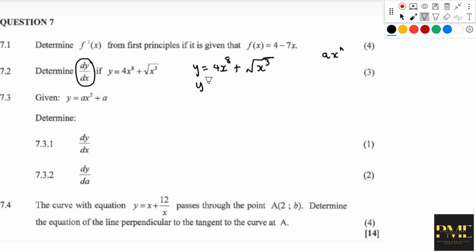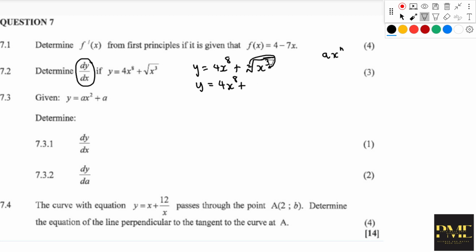So it means y is equal to 4x to the power 8, and then plus. All right, so remember from the laws of exponents that for the fact that it is a square root, there is a 2 here. To get rid of your square root, this 2 can be made the denominator of the exponent already found on x.